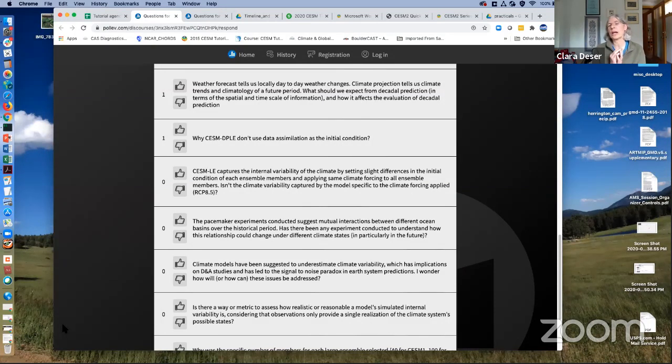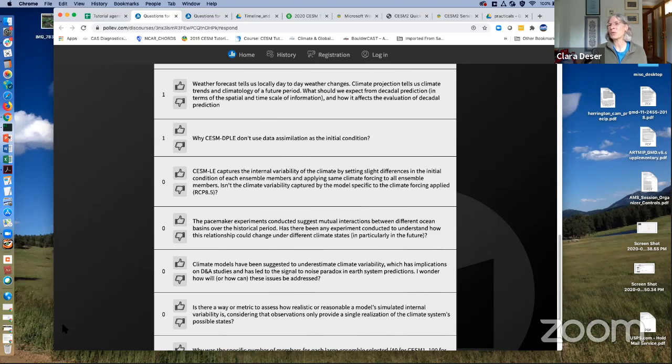When we analyze the decadal prediction large ensemble, the beauty of having that project done with the same version of the model as the free running CESM1 large ensemble is that the free running CESM1 large ensemble gives you the response to the change in the external forcing.